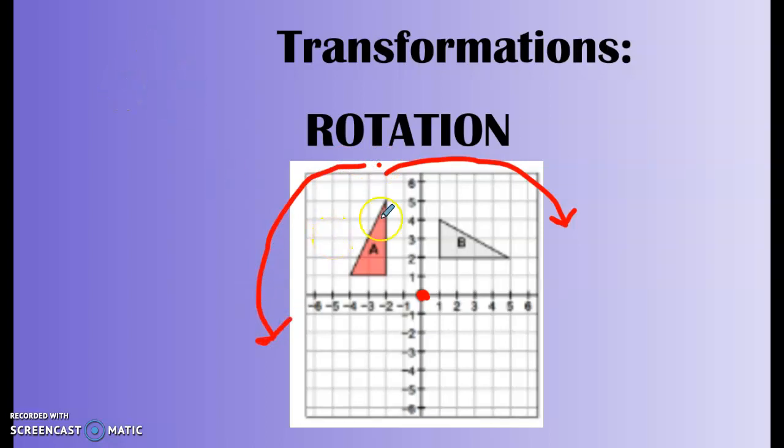We did 90-degree rotations, which is going from quadrant to quadrant. We also did 180 rotations, which is rotating 2 quadrants, and then 270 rotations, which is rotating it 3 quadrants away. And obviously 360 would land you back into your pre-image spot.